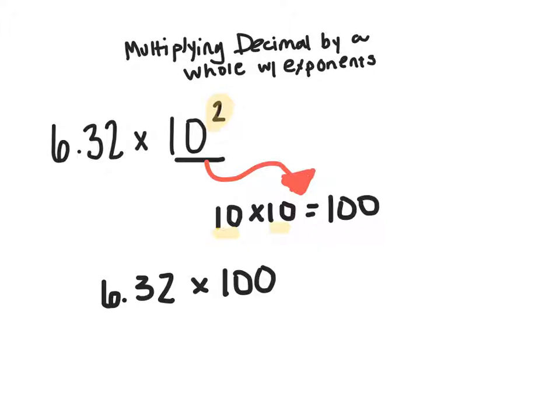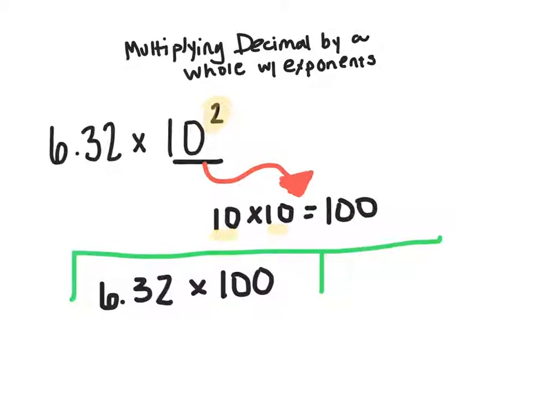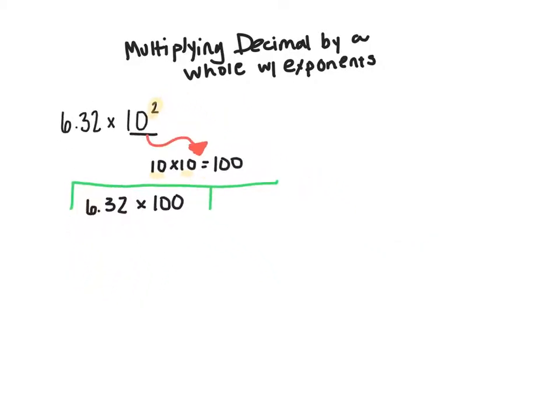So now this right here is our problem: 6 and 32 hundredths times 100. From here, all we have to do is multiply normally using the algorithm. I'm going to rewrite my problem one more time.